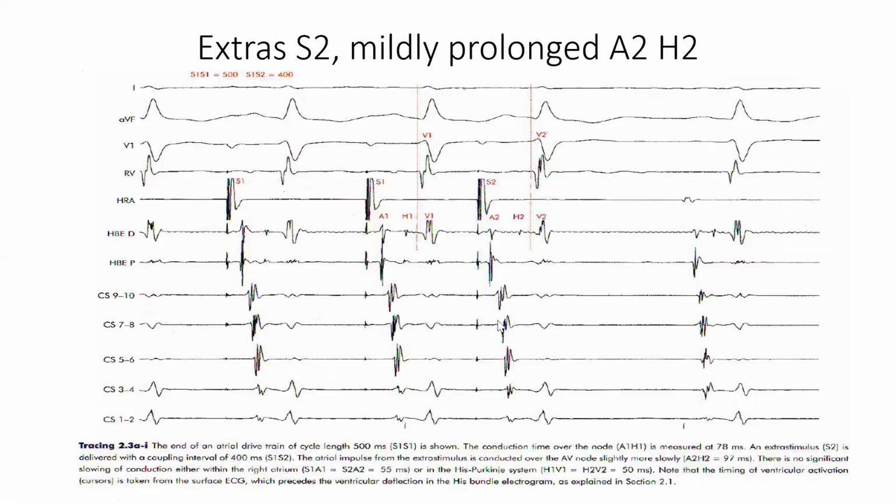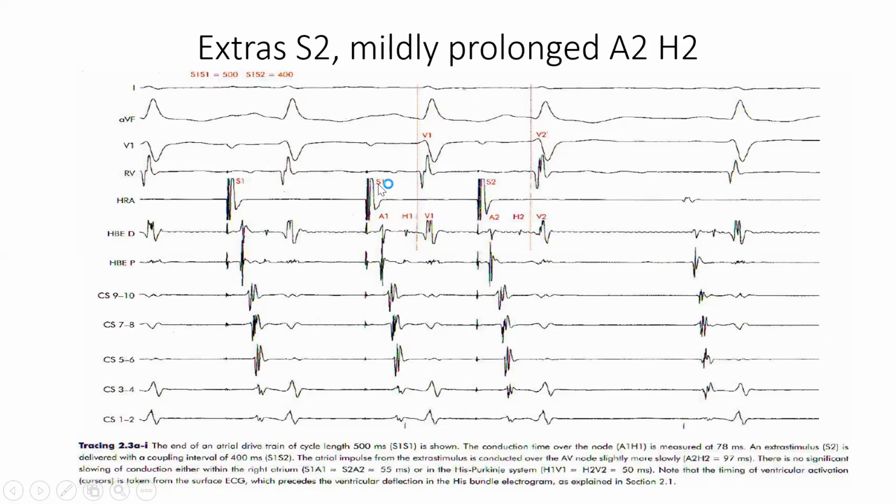At this time they didn't pace, but here they started pacing at S1. Anytime you are pacing, the morphology of the electrode you are using to pace will change. I will still come back to this, but I want you to understand that anytime you are pacing, the terminology of your AHV will change.